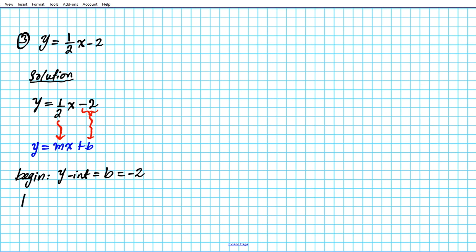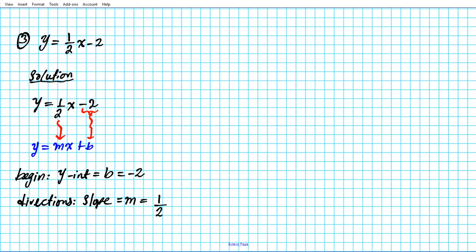Okay? How do we find the second point? Directions coming up. The directions is the slope. The slope is your m value, which is 1/2 here. Now, what is the rise and what is the run? If your slope is a fraction, it automatically tells you your rise and your run.